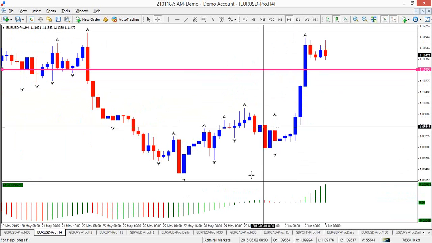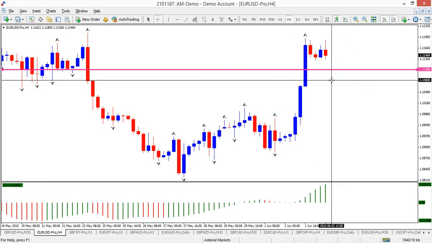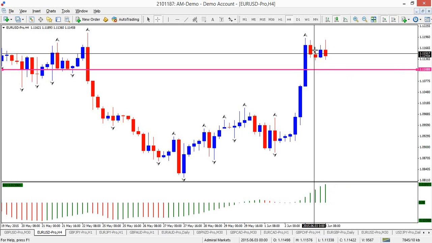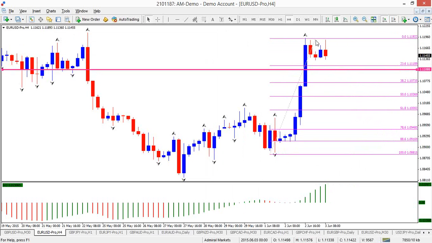But where to take a long is another story, because above this top, I wouldn't be too big of a fan. Perhaps on a retracement, it could be a different matter. A retracement to any of these fibs could be a bounce potential.